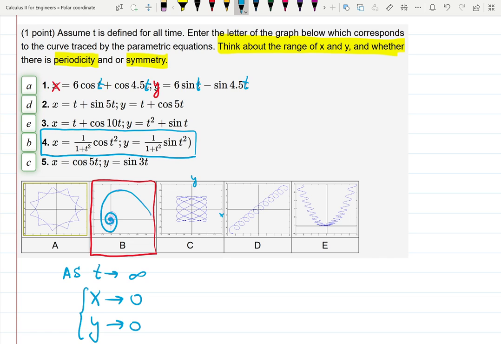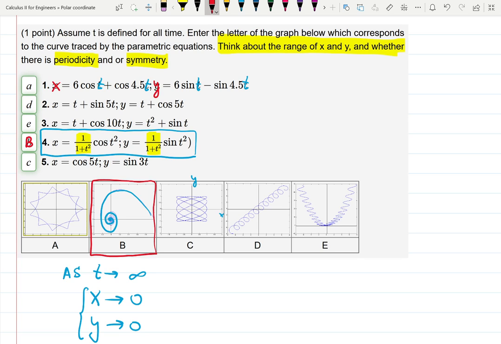As t goes to infinity, you have 1 over infinity for x and y, and since cosine and sine are restricted from -1 to 1, those are just numbers, not infinities, so 1 over infinity gives you 0 for x and y. That's why this is the first one I would do, and I would say that this is B.